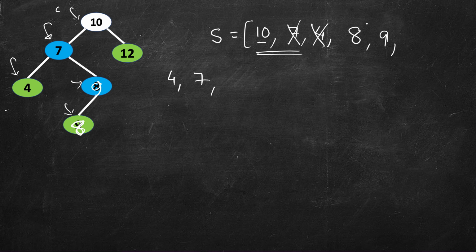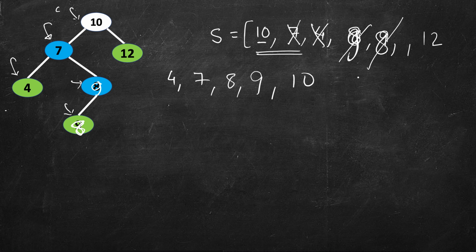The tree was drawn wrong, so when we came here we would have pushed 9 here instead of 8, and then 8, and now current is null, so 8 is here, this is gone, then 9, none of them have right child, so we can keep popping. 9 is also popped, then we pop 10, and then we push its right, that is 12, and then current comes here and we try to go left, but it's null, so we pop 12.